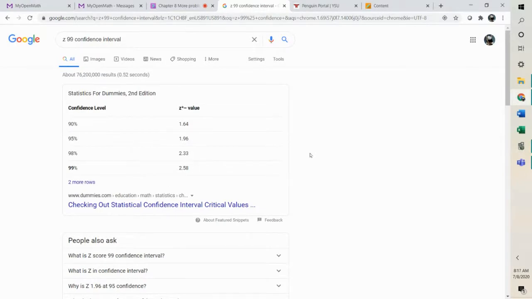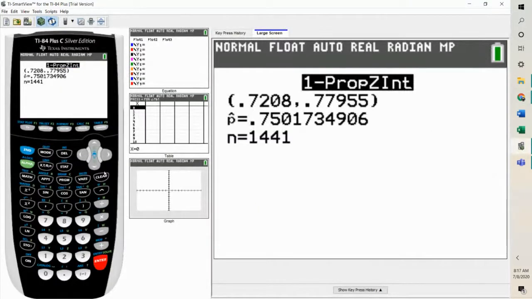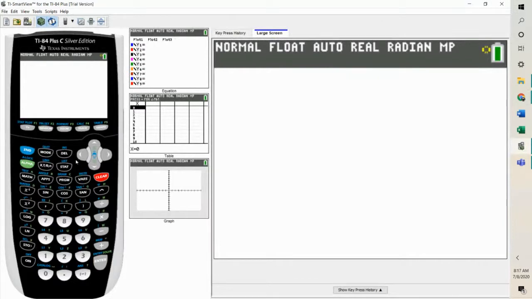But if we use the 2.58 and we use the formula, let's clear the screen. So we use 2.58 and we multiply that times the square root. And then it's P times Q. P was 0.75.